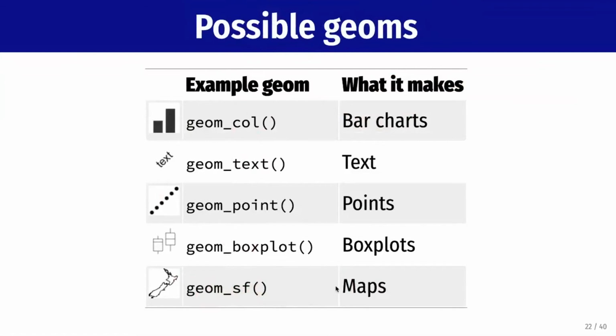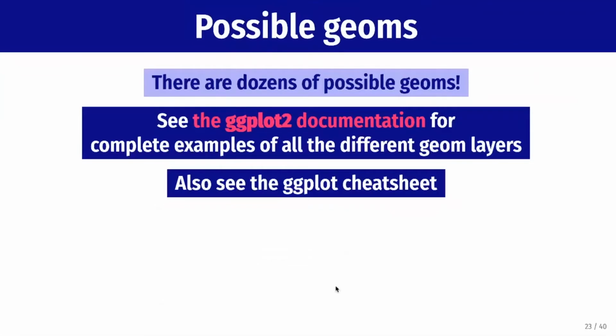You can do all of the same aesthetic things that we've been doing with those points, but to pieces of a map. There are tons of different geoms. If you click on this link here to the ggplot documentation, it'll show you all the dozens of different geoms with a whole bunch of different examples of what will happen. So that's a really helpful resource there.